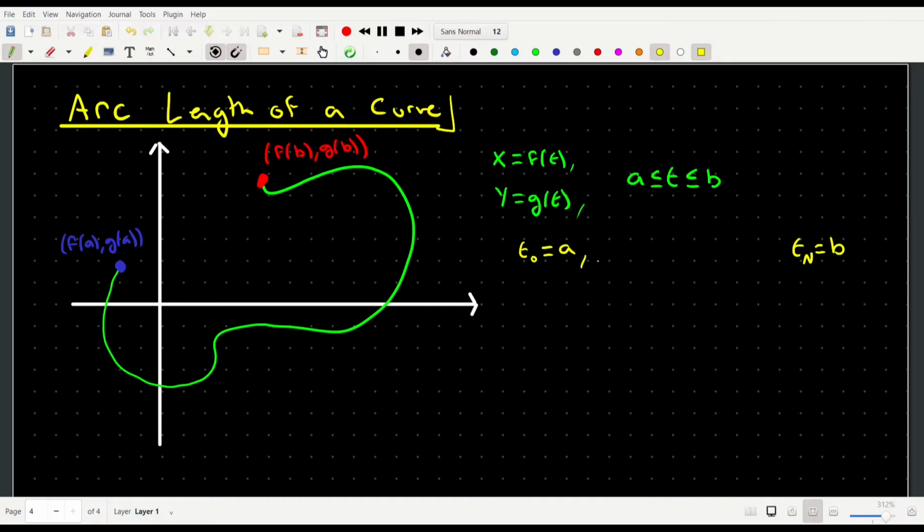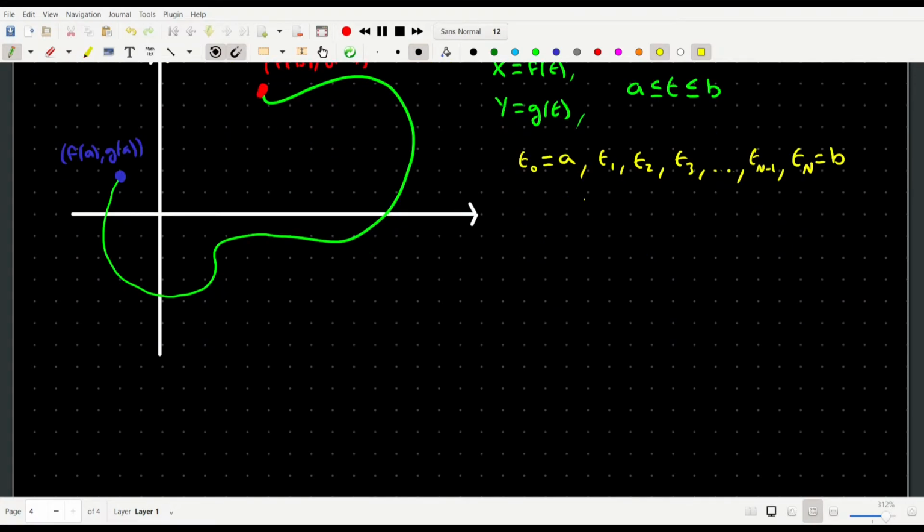So we say t1, t2, t3, and so on, all the way up to tn-1 up to b, where each one of these values satisfies t0 is less than t1, is less than t2, is less than t3, all the way up to the end point.